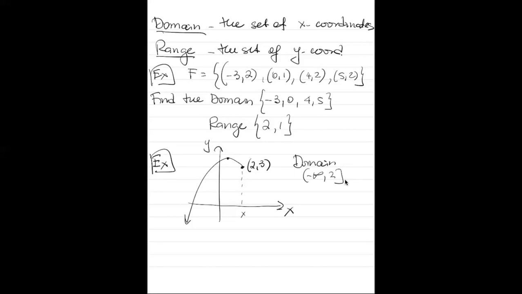So that is 1 and 3.5. So the range is the set of y values. You go from bottom to top. So it's from negative infinity to the highest point, 3.5, including.